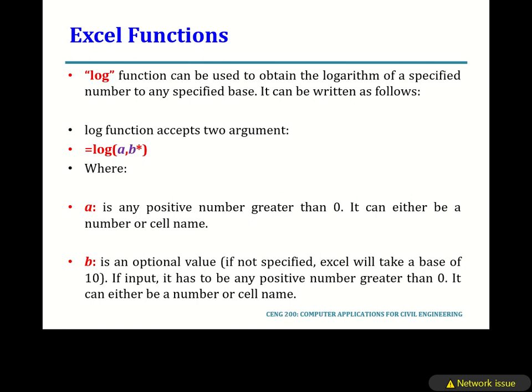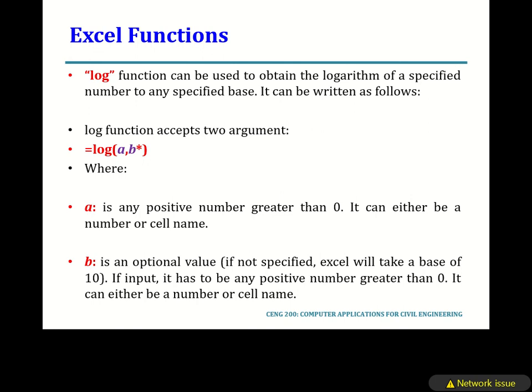The value of b should be a positive number more than 0. B cannot be negative or 0. And again, a also cannot be negative or 0. Log of 0 and log of a negative number are not allowed.